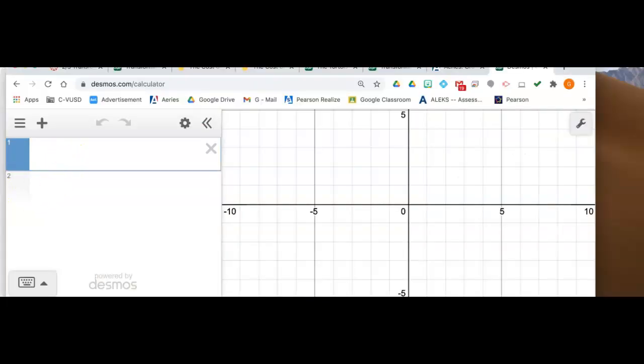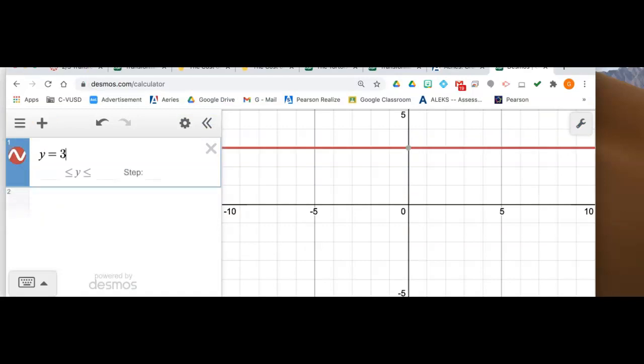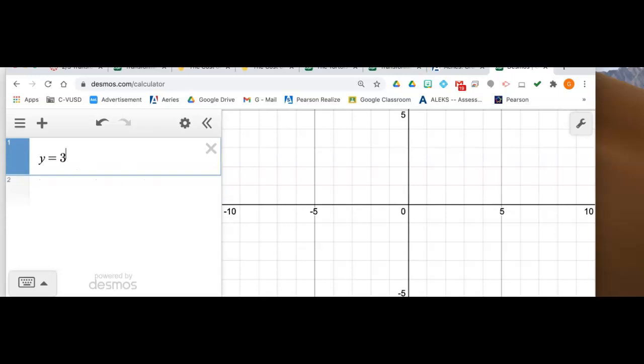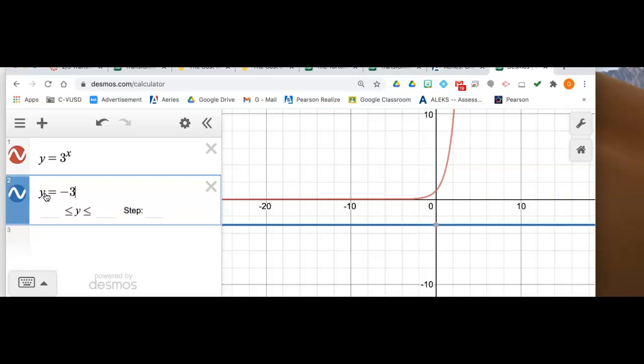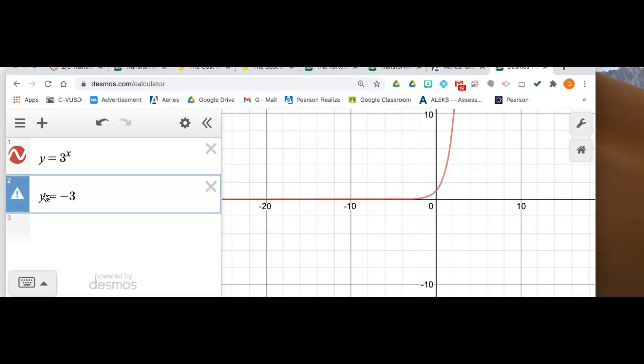So I just opened Desmos real quick just to show you. If I type in y equals 3 to the x power, you can see it graphs it here. And if I go to my next step and type in y equals negative 3 to the x power, I can show you that that's actually going to happen. I did say it was going to flip over the x-axis.